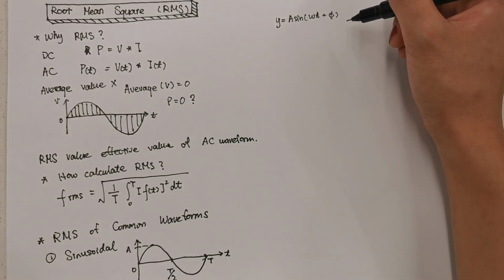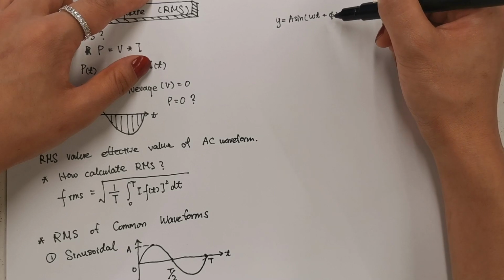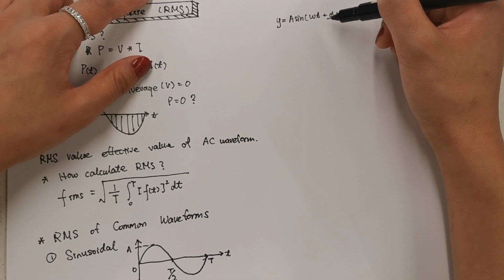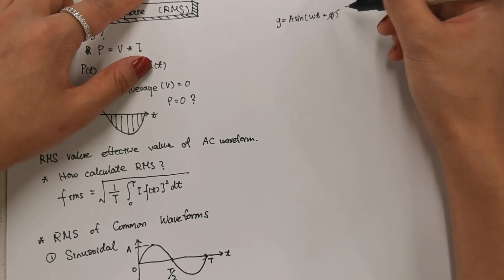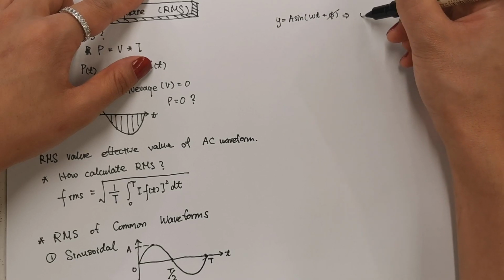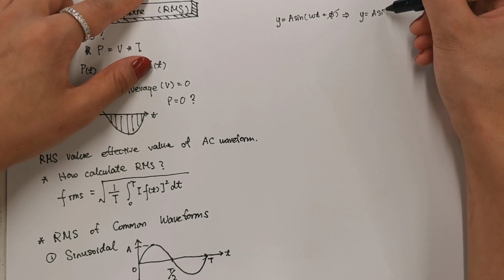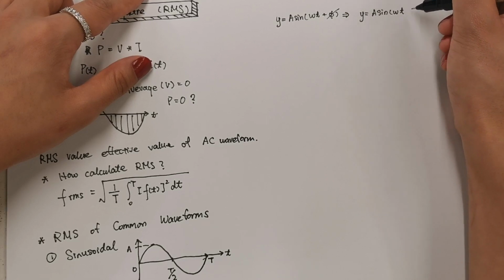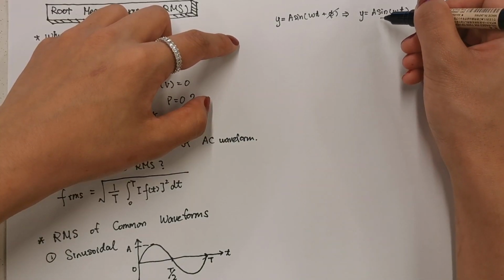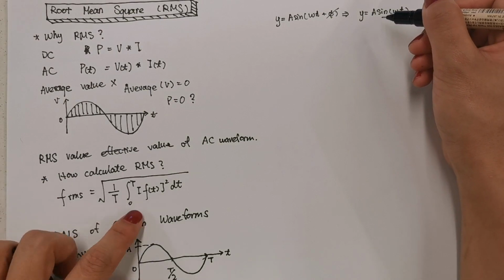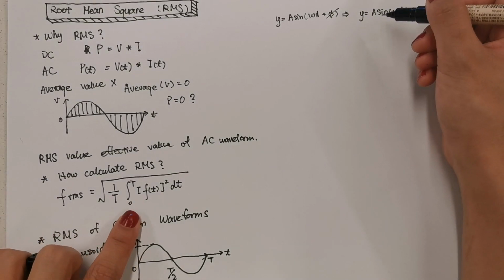In RMS value calculation, we only care about one period. This phi really doesn't influence our result. So now it becomes y equals A sine omega t.